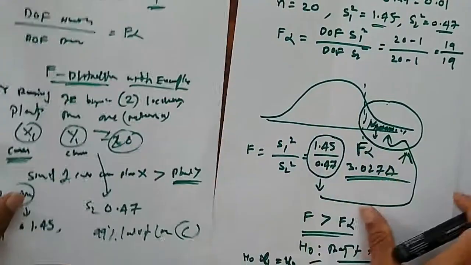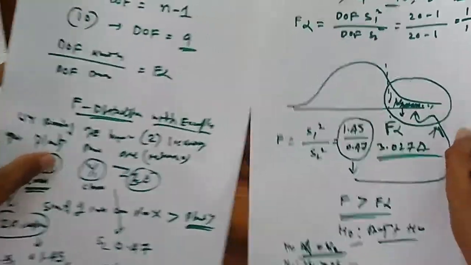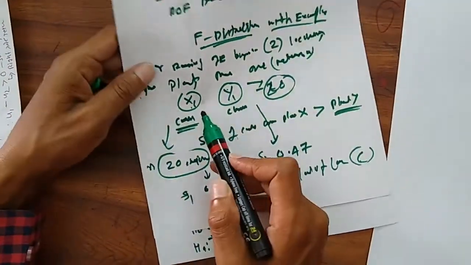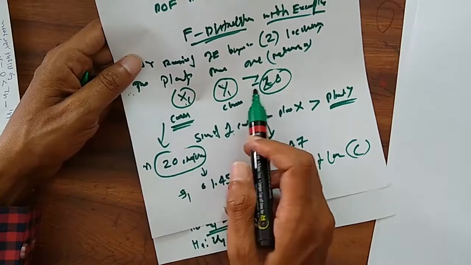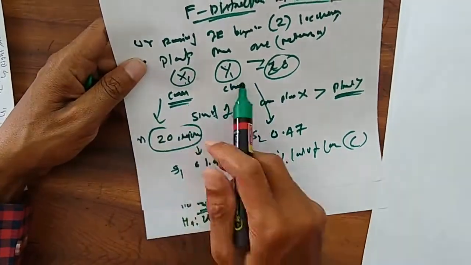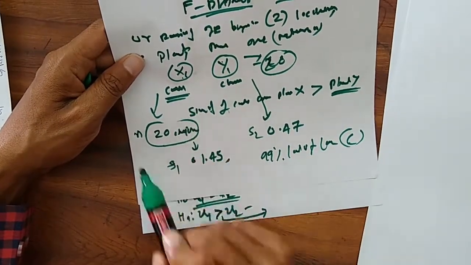So this is the F distribution. Let me once again tell you what is meant by this example. You are running your own business in two locations, X and Y, and you are creating camera cell phones.